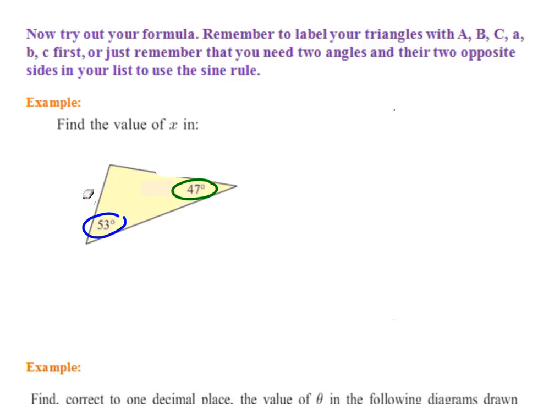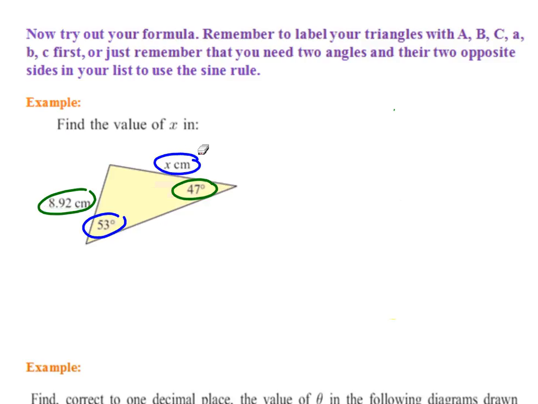In using the sine rule, I would suggest you label the unknown. So the unknown is x. You know you need to use the sine rule when you're dealing with what we've got here: two sides and their opposite angles. The side and its opposite angle here, x and 53, and the side and its opposite angle here, 8.92 and 47.